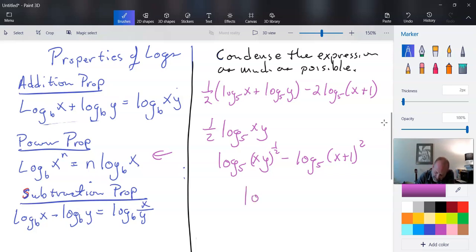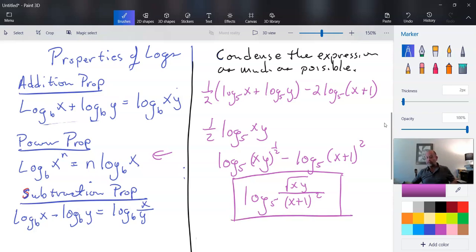This is now log base 5 of, well, I'm going to go ahead and turn this into a square root of xy over (x plus 1) squared, right? It condenses pretty quickly. And it's just a matter of knowing where all the pieces need to go, right? Once you do a handful of these, you actually get pretty quick at it. So make sure you're practicing up. And, of course, if you have questions, please ask them.